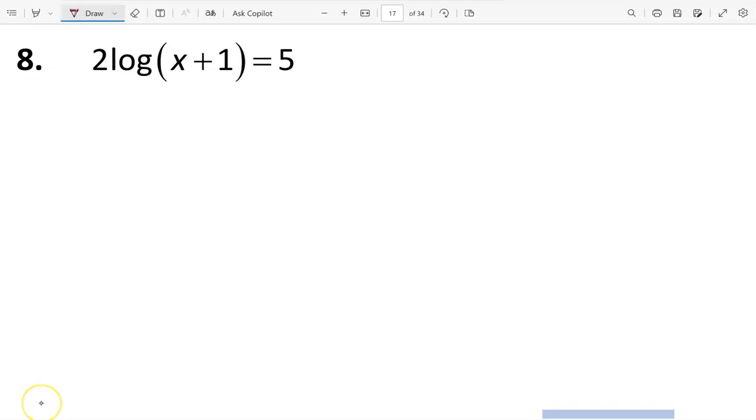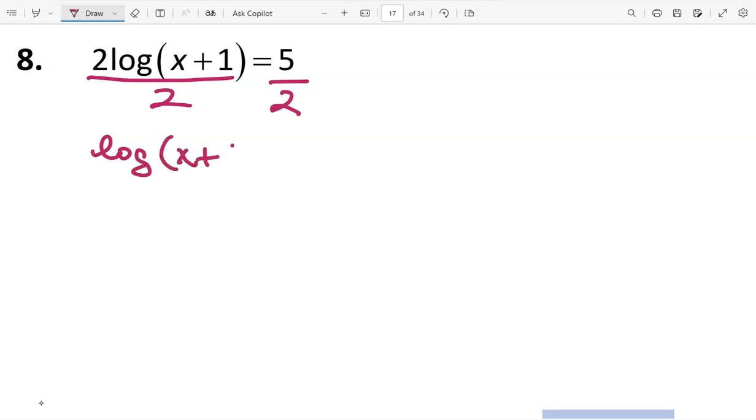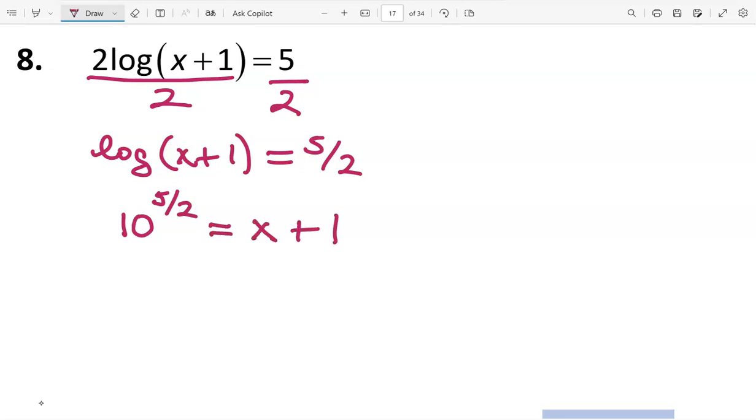In number 8, we have a logarithmic equation, but we'll need to divide by 2 to isolate the logarithm before rewriting in exponential form. Since there's no explicit base on this logarithm, when we write in exponential form, we assume the base to be 10. So the base is 10, and the exponent is what the logarithm equals, which is 5/2, and that's equal to x plus 1.